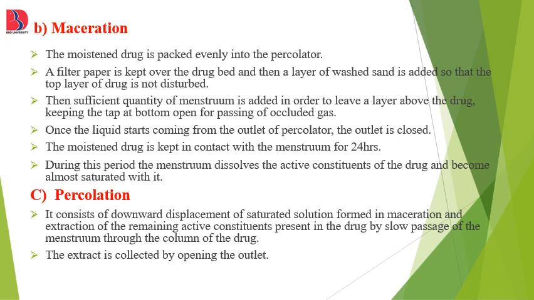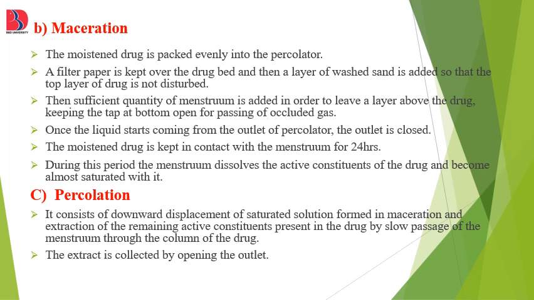Once the gases are removed, liquid will start flowing. Once the liquid starts coming from the outlet of the percolator, the outlet is closed. Then the moistened drug is kept in contact with the menstruum inside the percolator for 24 hours. During this period, the menstruum dissolves the active constituents of the drug and becomes almost saturated with it.